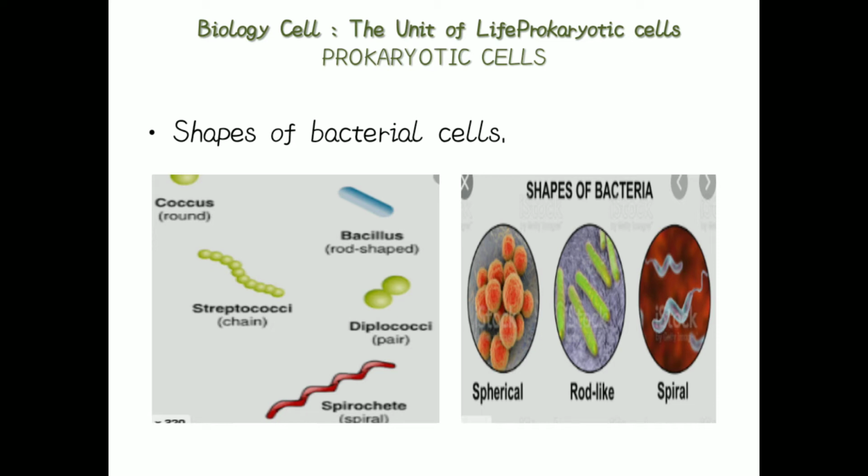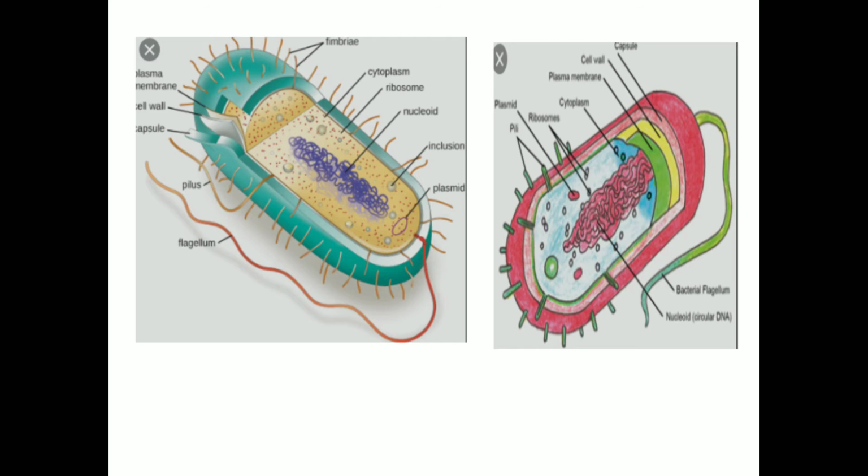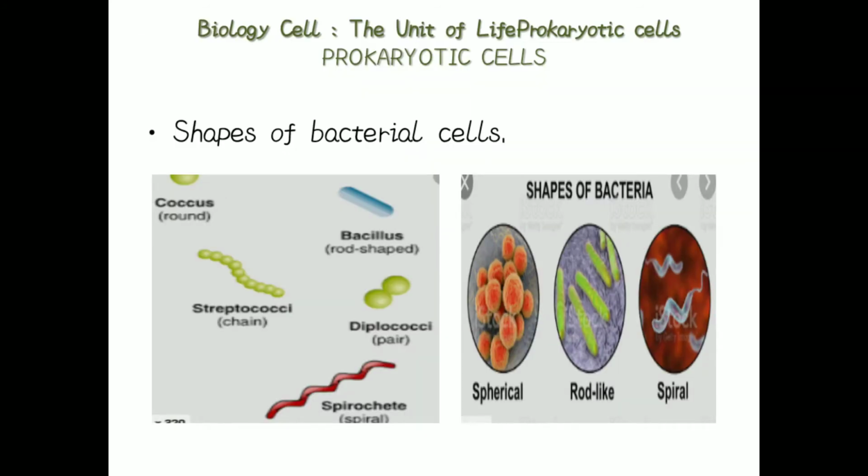So friends, we know that bacterial cells, cyanobacteria, blue green algae, all these cells are prokaryotic cells. So first of all, here I have shown the structures of the bacterial cells.